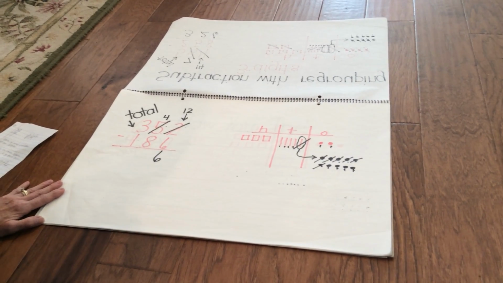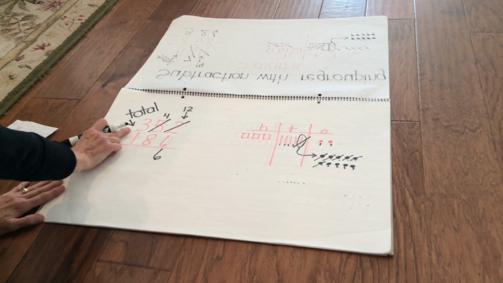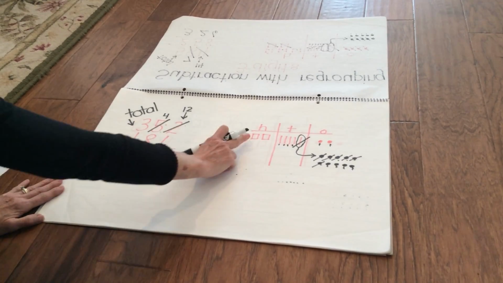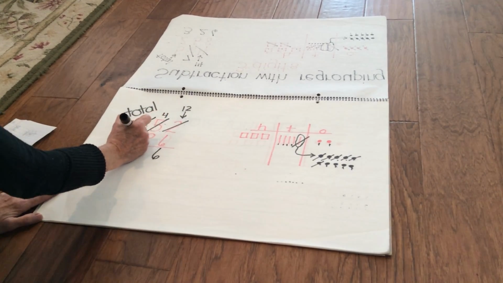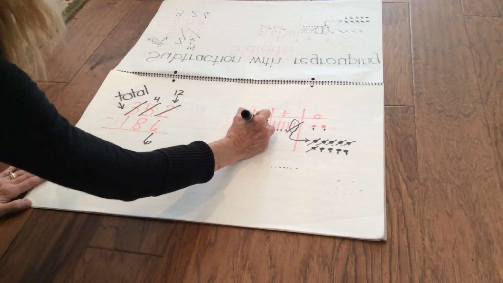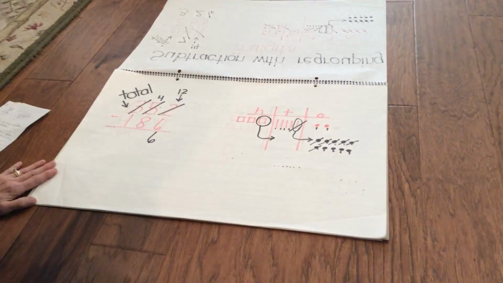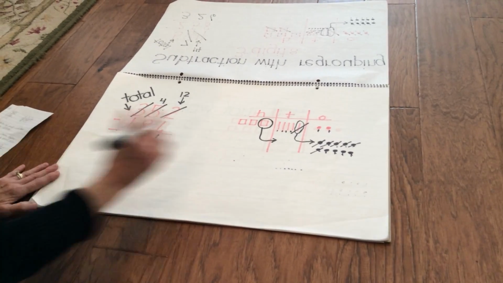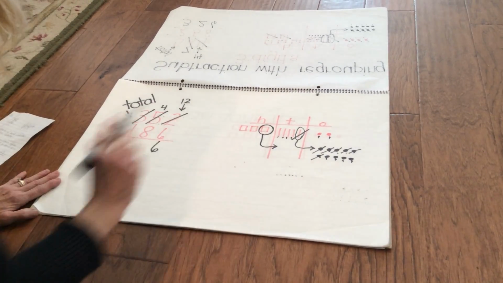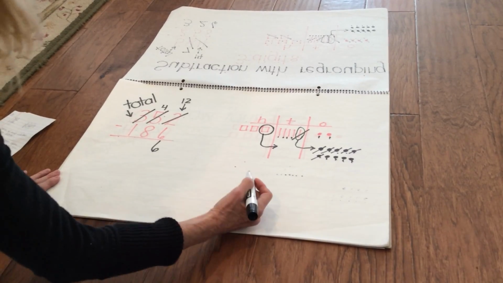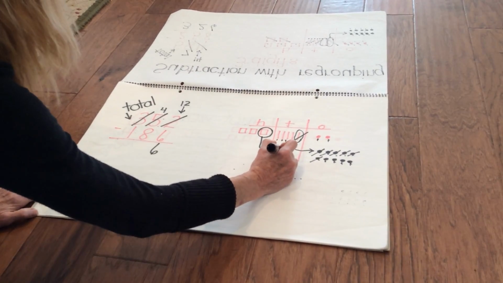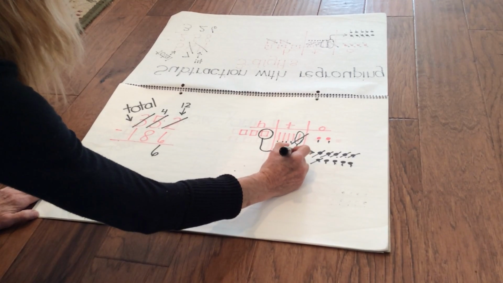So I'm going to borrow or regroup from the hundreds place. This is 3 hundreds. So I'm going to take 1 hundred and move it to the tens place. I have 10 tens equals 1 hundred. So I'm going to make 10 tens.